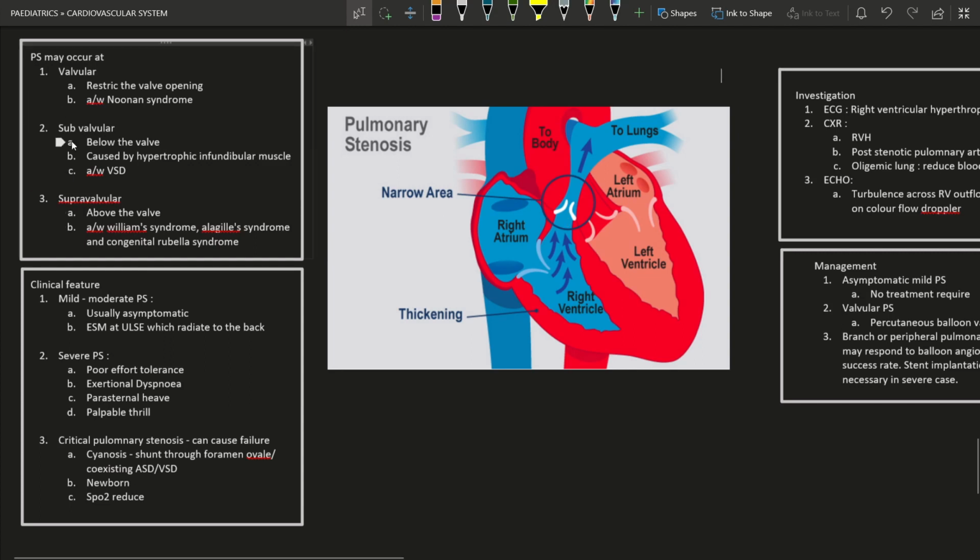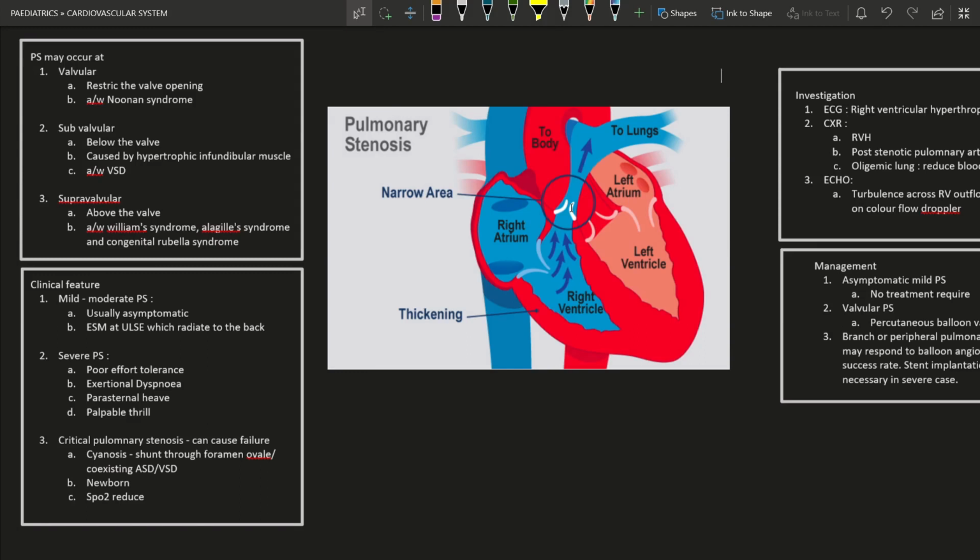There are a few types of pulmonary stenosis. The first one is valvular. That means the stenosis occurs at the valve. Basically the valve is restricted from opening, unlike the usual valve which opens to a normal size.